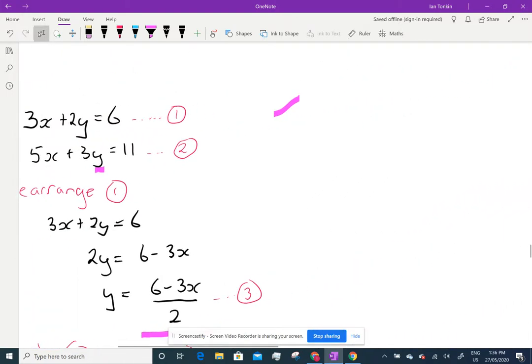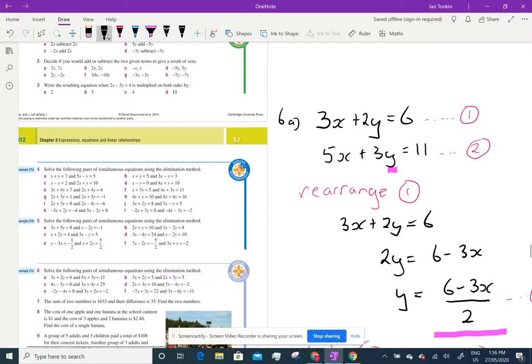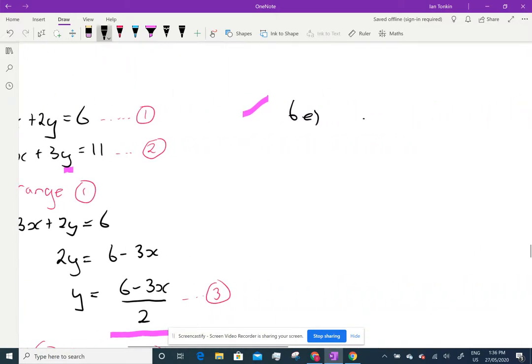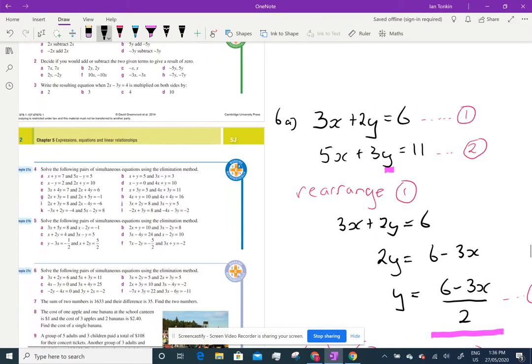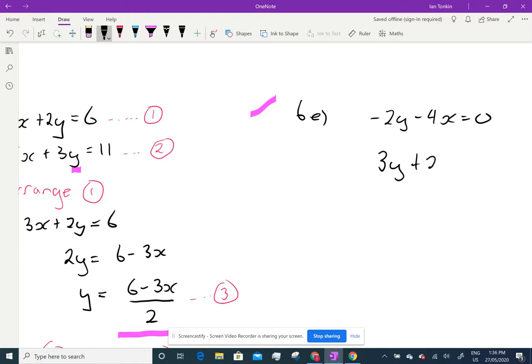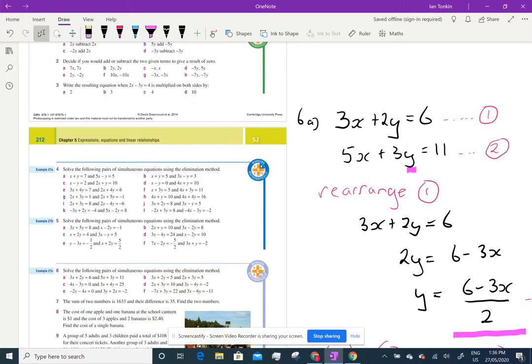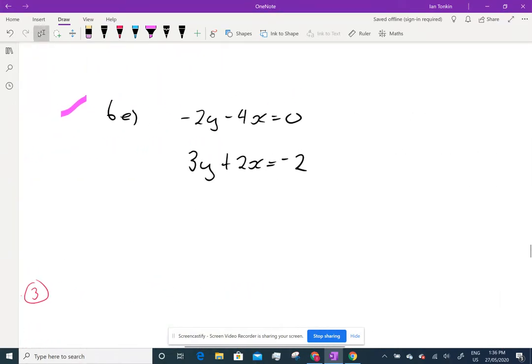So I'm going to go through this really quickly. 6e. Minus 2y minus 4x equals 0. And 3y plus 2x equals negative 2. Double check that. Yep. So here we go.